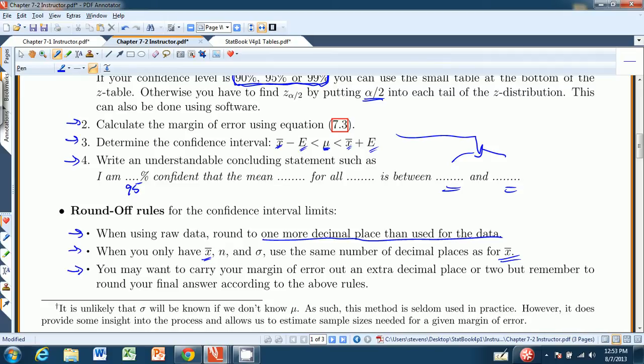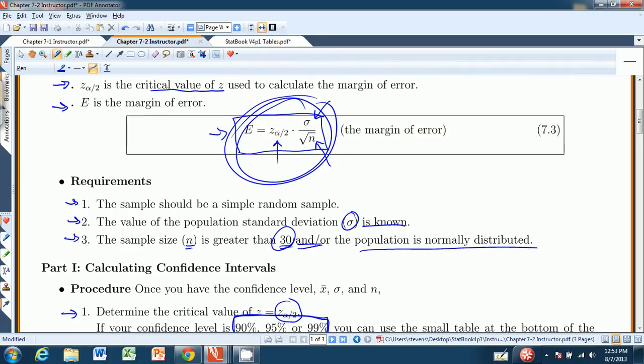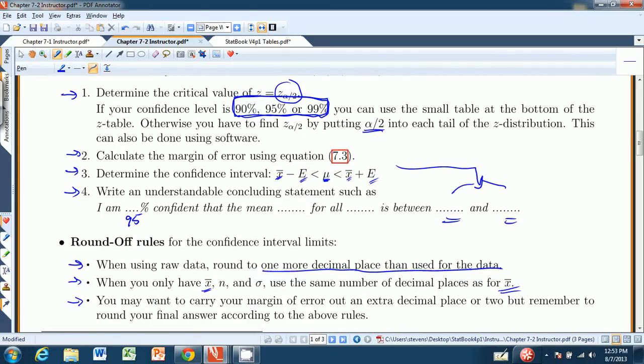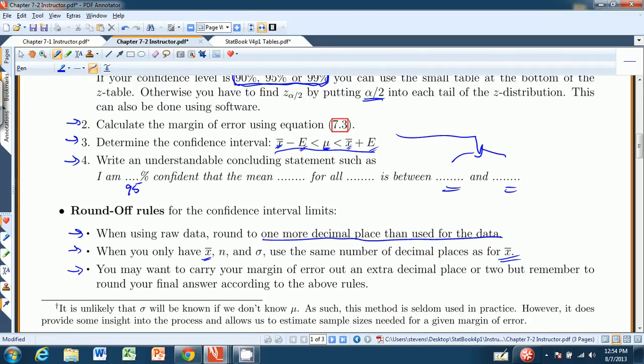And a helpful hint: when calculating the margin of error with this formula, I usually carry it out to an extra decimal place or two before I add it to or subtract it from the sample mean, so that I don't lose precision. Then when you get your final answer for the interval, round to one more decimal place than the data, or the same number as x bar. So it's good to carry your calculations out a couple extra decimal places.